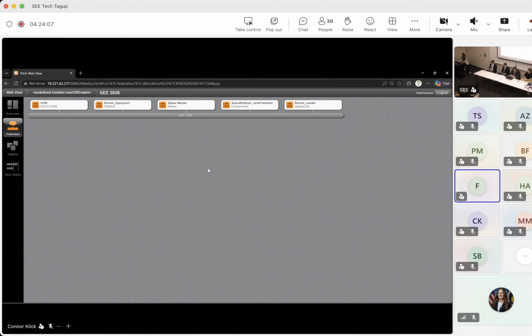Wait a second. There was an exception, but it's not the same as the last day. So I will try to run it again. Okay, now it starts running. Okay, rover Federate is launched. Perfect, thank you very much. Thank you.